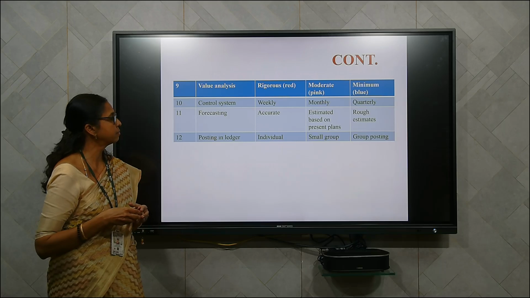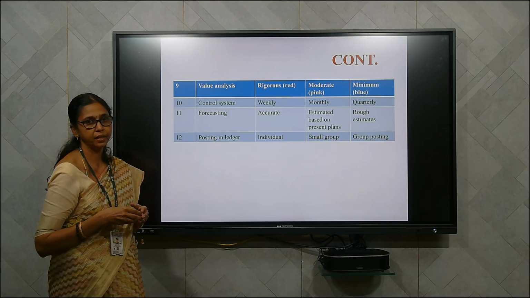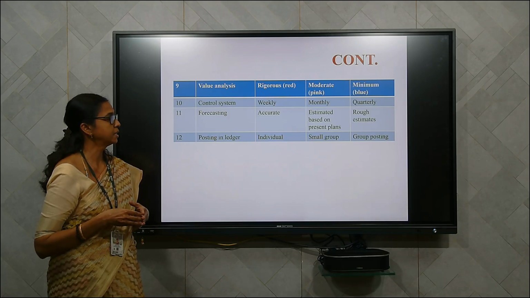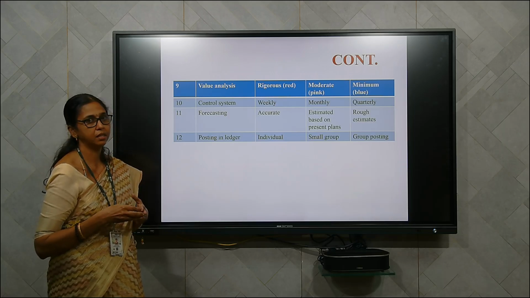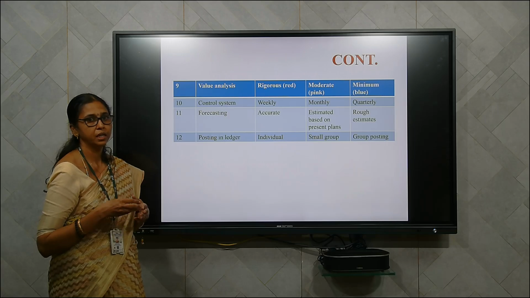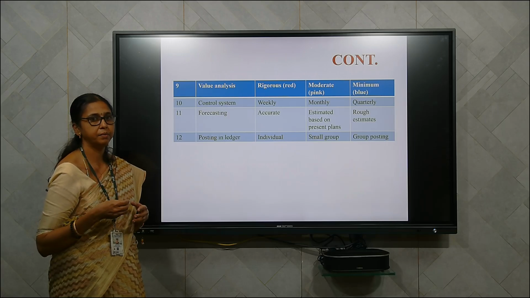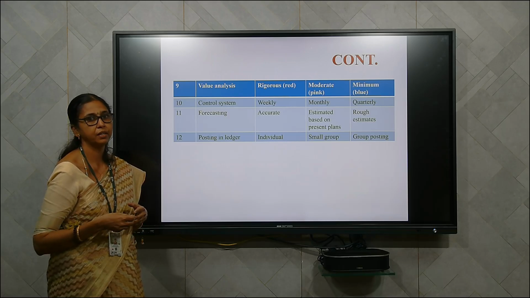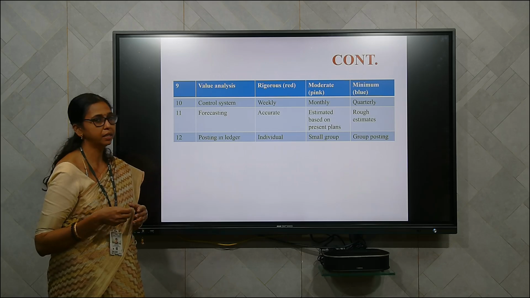Control system: as we already told, weekly control for A, monthly control for B, and quarterly control for C items. Forecasting will be accurate for A items. Even the shortage of one item in A classification will lead to loss of production. It may affect the sales as well as the production. It may affect the profit. So it has to be accurately forecasted.